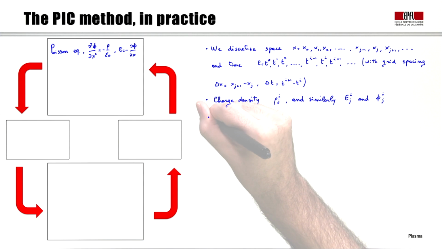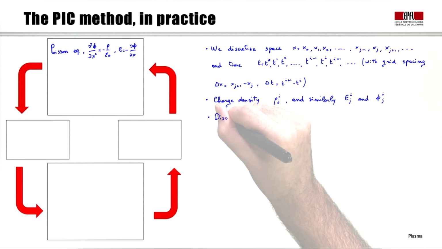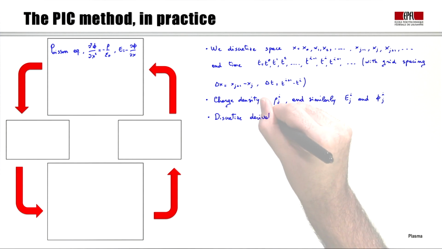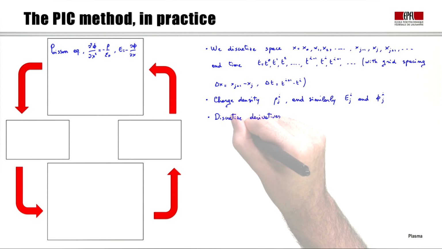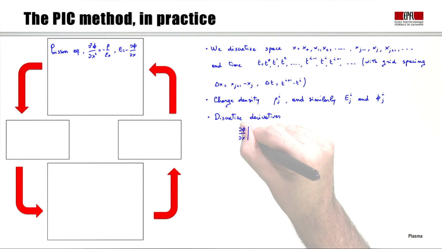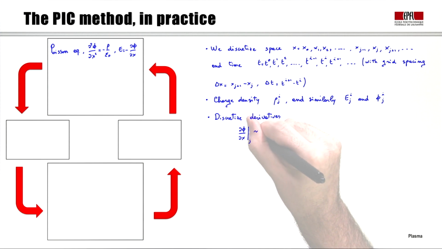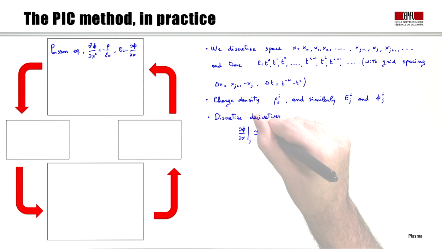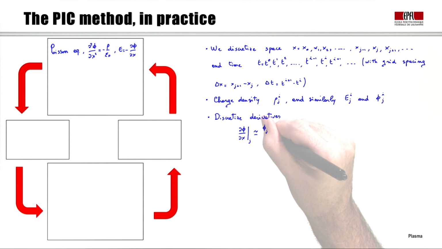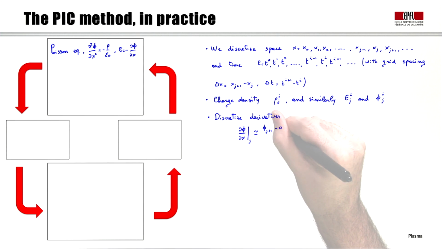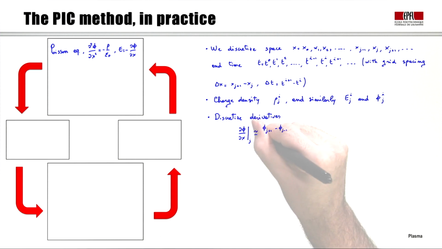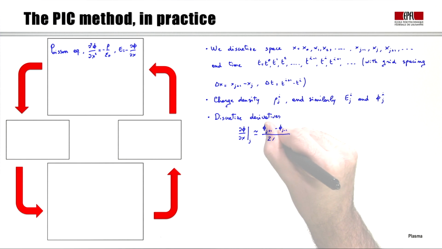At this point on this grid we need to discretize the derivatives. And we will have that d phi dx at position j is approximately equal to the finite difference between phi evaluated at point j plus 1 and phi at point j minus 1 divided by 2 delta x.